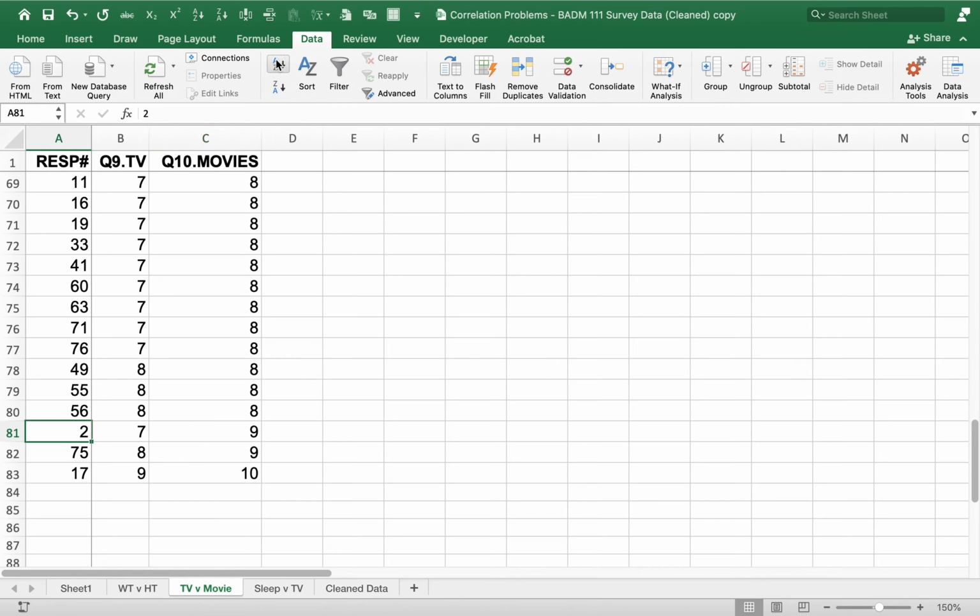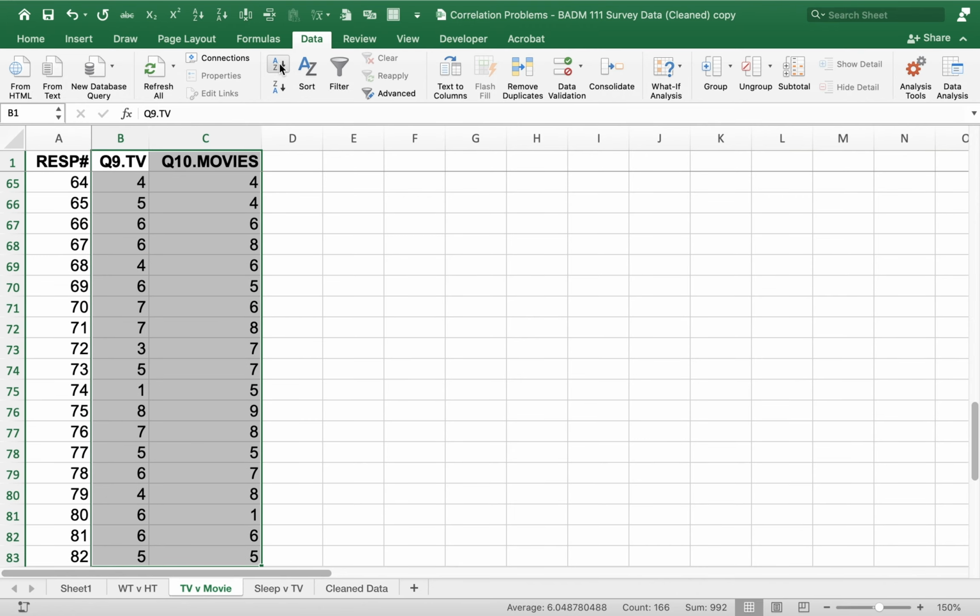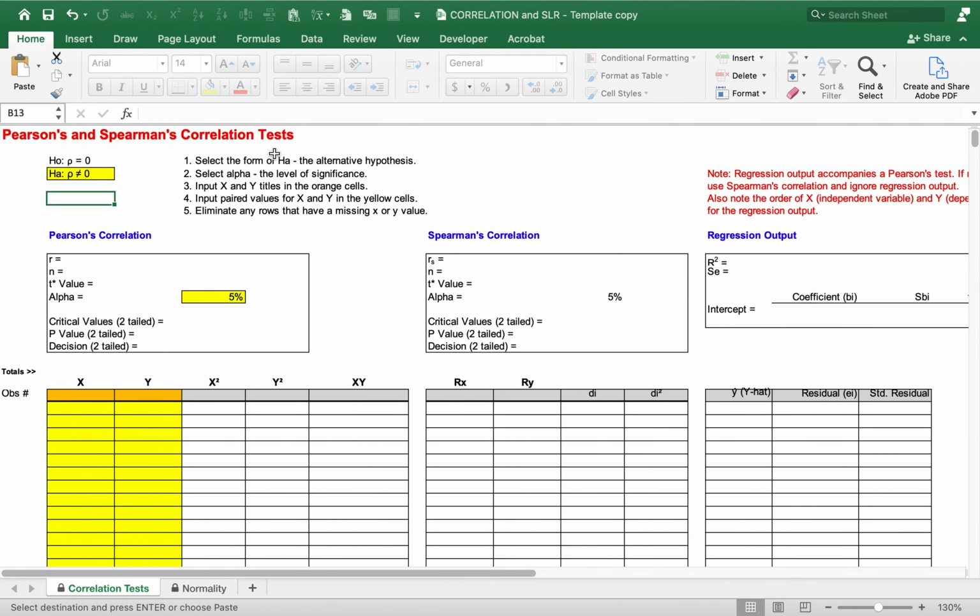And I think let's go back up here where we were. And yeah, these guys stayed together, so that is good. Now what's important to note about these is that they're both ordinal in nature. So I'm going to copy them. Doesn't matter which one I have first. Doesn't matter which is the X or the Y in this particular case here, because we're not looking at this as a regression.